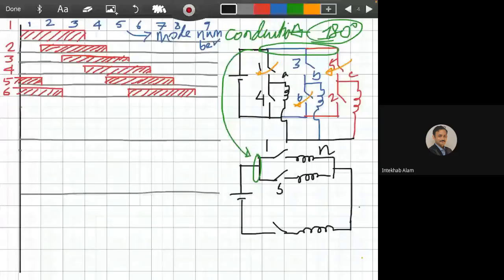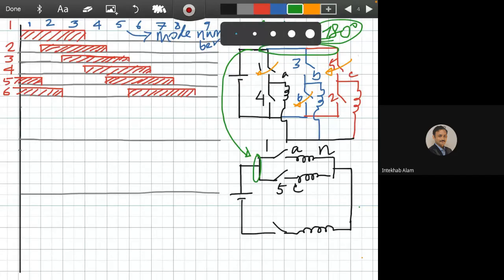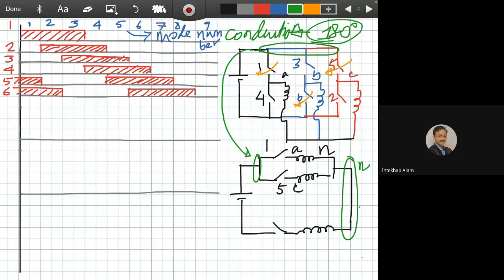So the point A is here, point C is here, and the neutral point is actually here. Is it okay? Yes, sir.